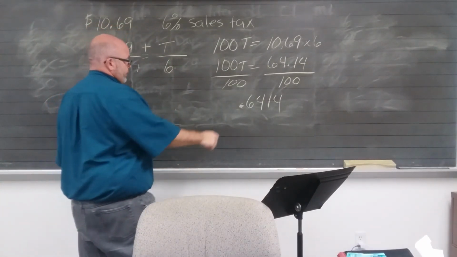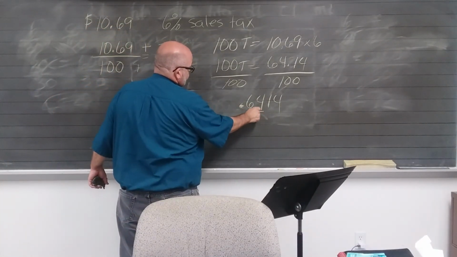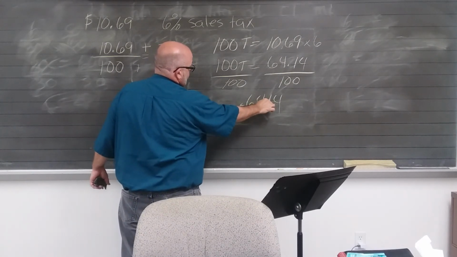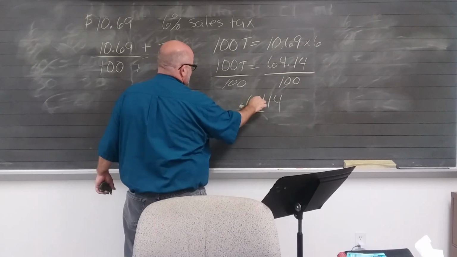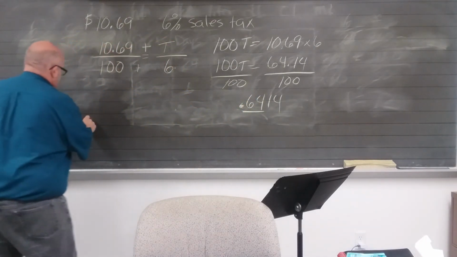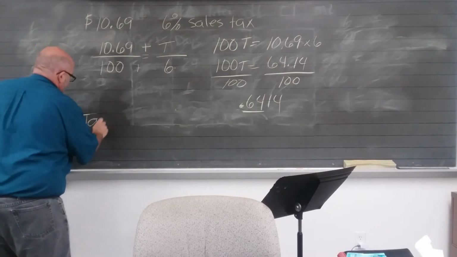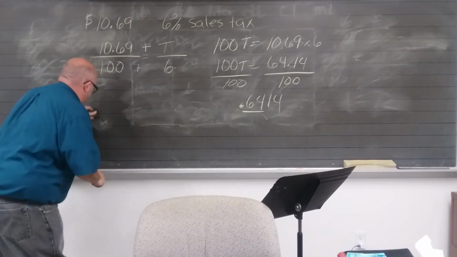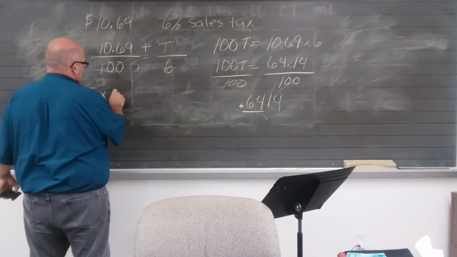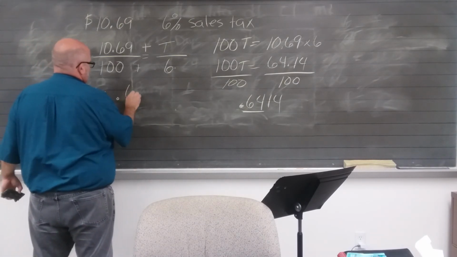Round that to the nearest hundredth or the nearest cent. So round the 4 off. The 1 keeps the 4 the same, so your tax is 64 cents. Up here, tax is, and this is one of your answers, 0.64.